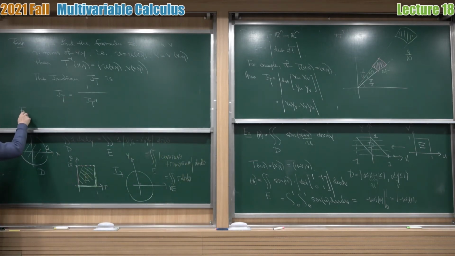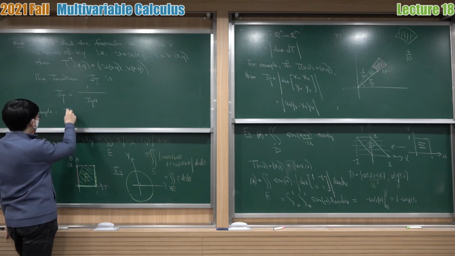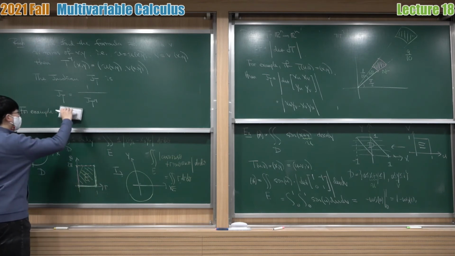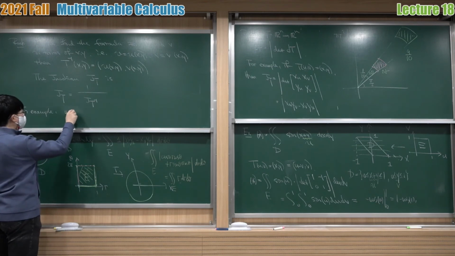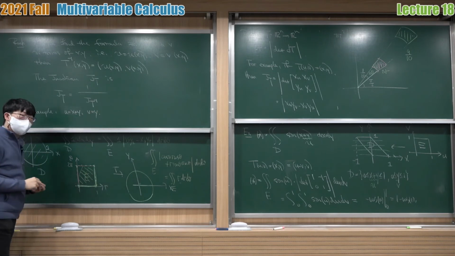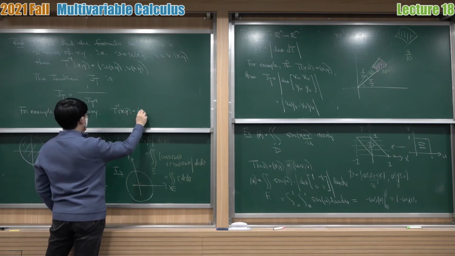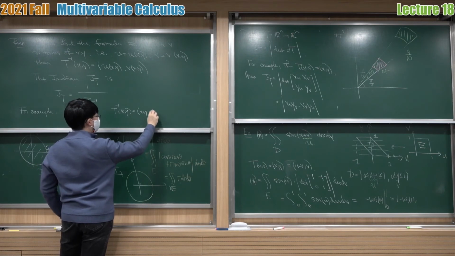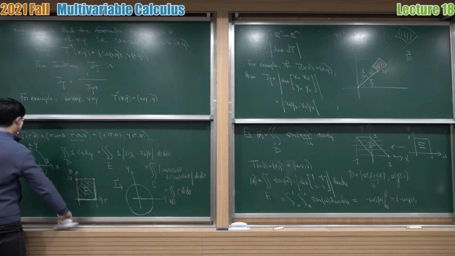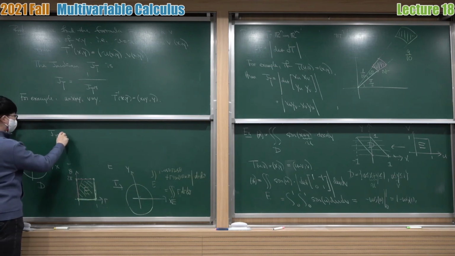For example, if we found u is x plus y and v is y, then T inverse maps xy to uv, and that's x plus y. So what's the Jacobian of the inverse?